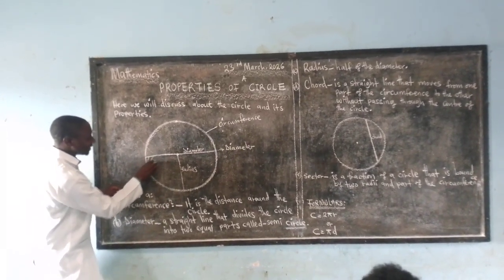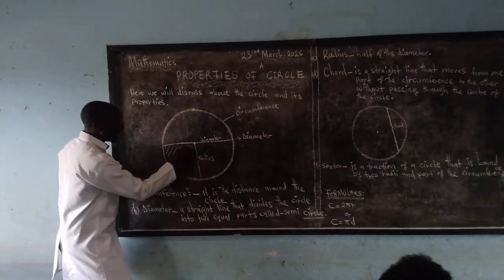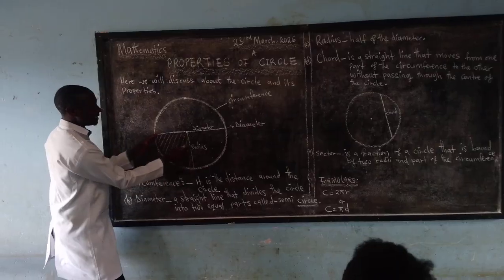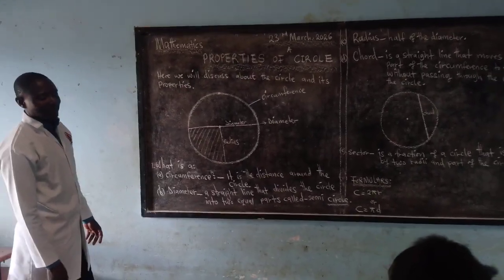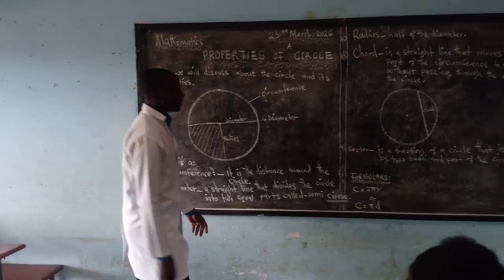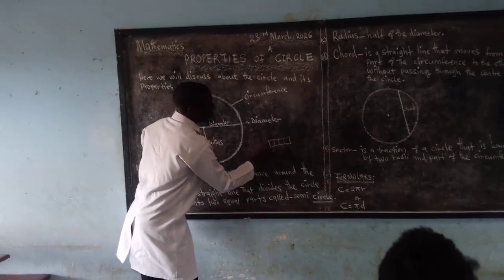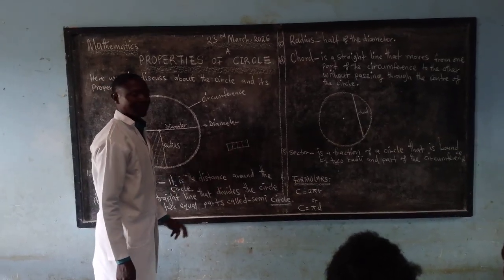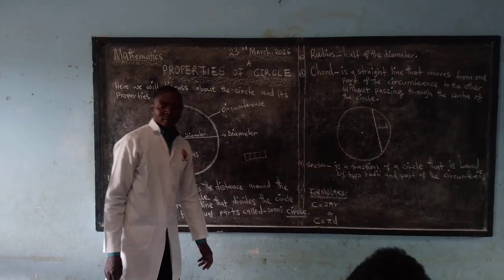This is the sector. How many sectors do you see in the picture? 1, 2, 3, 4.